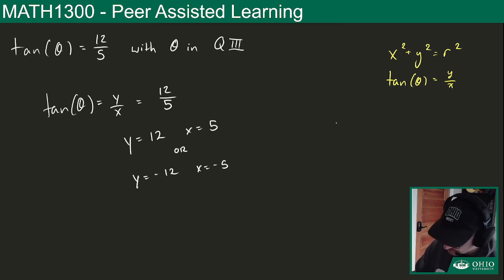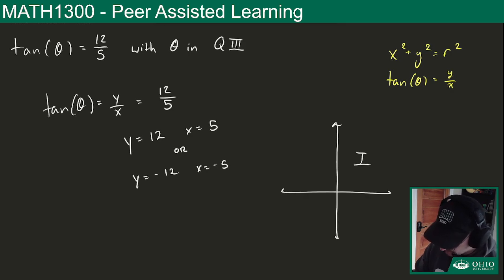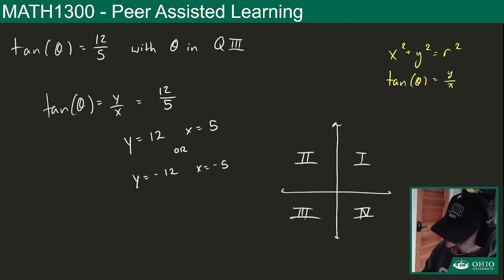If we remember our quadrants, we have quadrant 1 here, quadrant 2 here, quadrant 3 here, and quadrant 4 here. In quadrant 3, we are going in the negative x direction and the negative y direction.